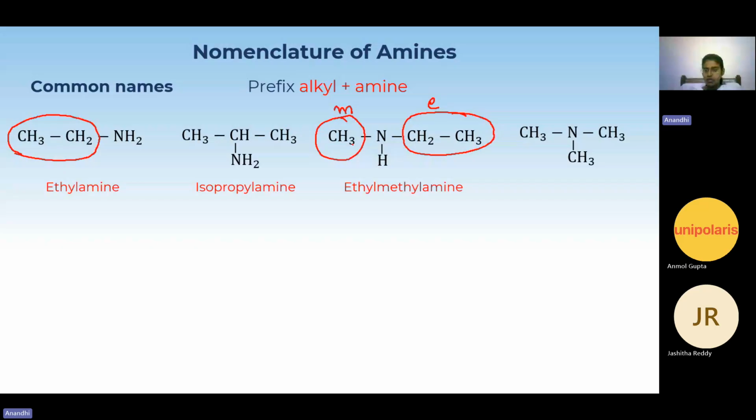This is one methyl, this is another methyl, and this is the third one. We don't have ethyl here. So you have to go for trimethylamine. Understood? We have three methyl groups. It is called trimethylamine. Do you have a doubt in this compound? Is it clear to you? Yes, ma'am.